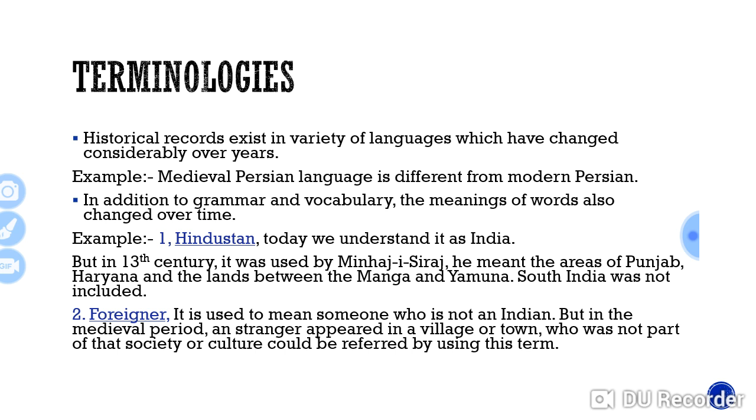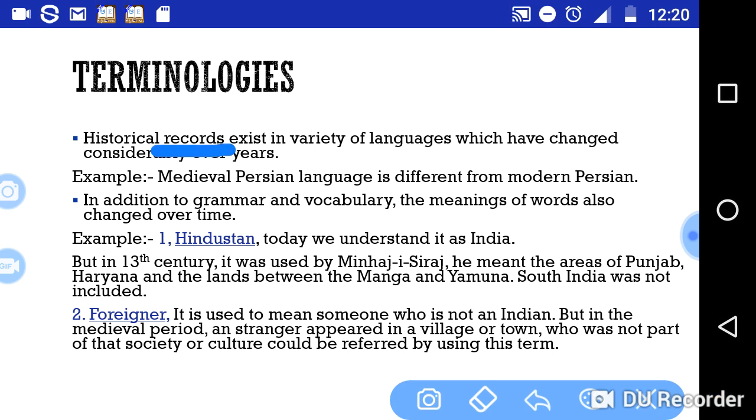Let us discuss the terminologies. Terminologies means words, the words which changed with time. We are going to discuss how these terminologies changed with time. Many historical records are available to us, and these exist in a variety of languages, and these languages were changing with time.